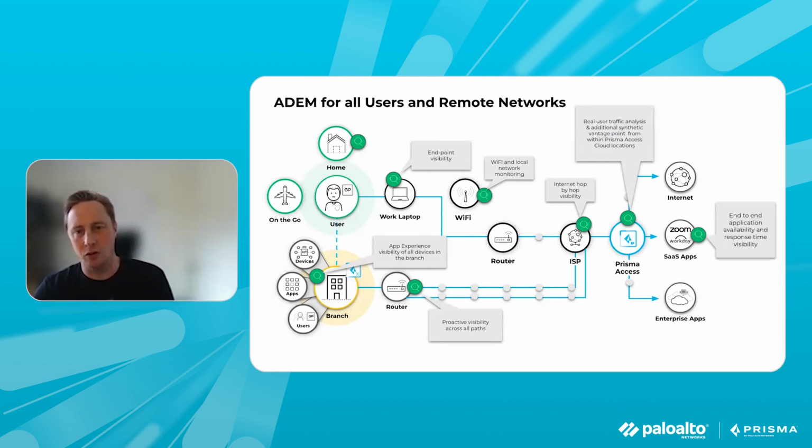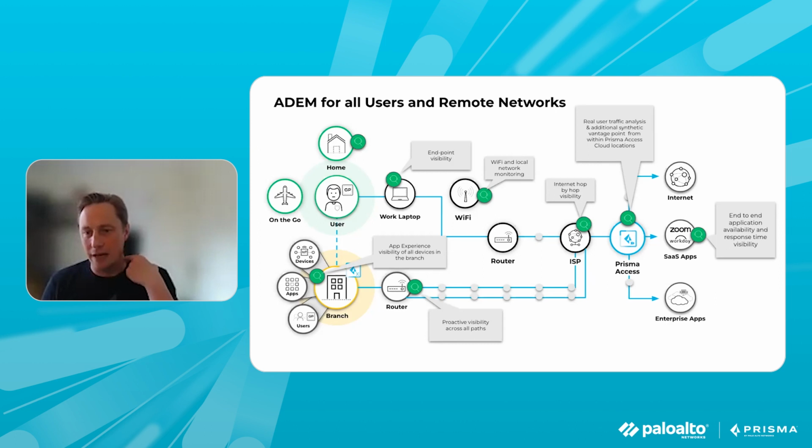So ADEM, which is our Autonomous Digital Experience Management, is a single-pane function that provides visibility into all of these pieces. So you've got a user at home who's got poor experience. They can actually, it's now developing self-service. They can click, as I can here, on the ADEM functionality, have a look at it, and it can say your ISP has got a problem. Switch to a different form of connectivity if you can, like tether to your phone or go into the office.